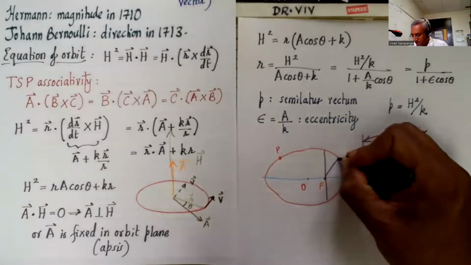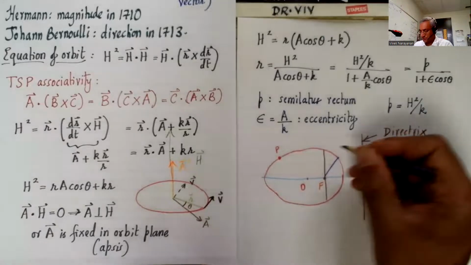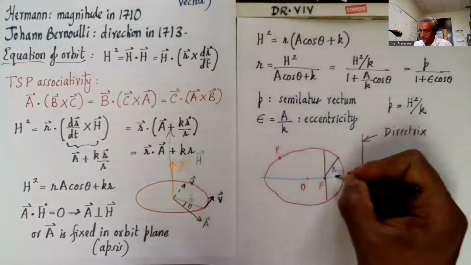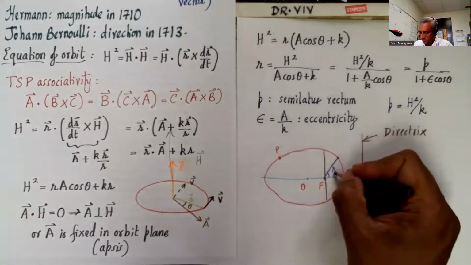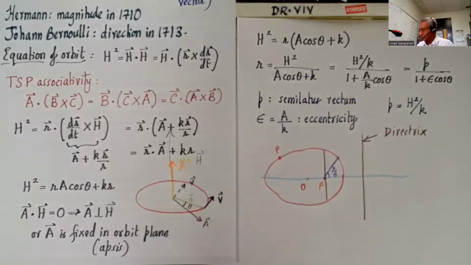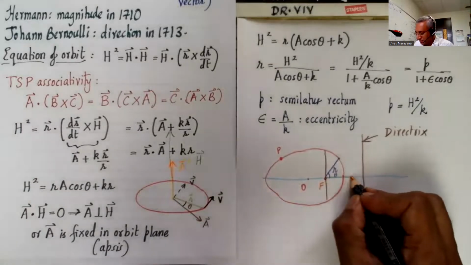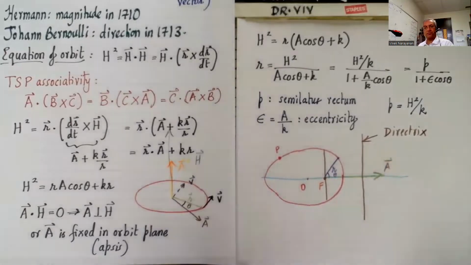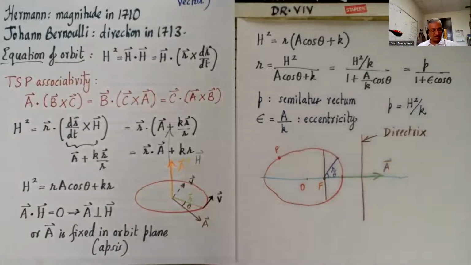So let's imagine the planet to be here instead of there. So this is your r vector. That's your theta angle. So that means the Runge-Lenz vector must actually be pointing in this direction. So that was Bernoulli's great contribution: to tell you exactly where the Runge-Lenz vector is pointing.